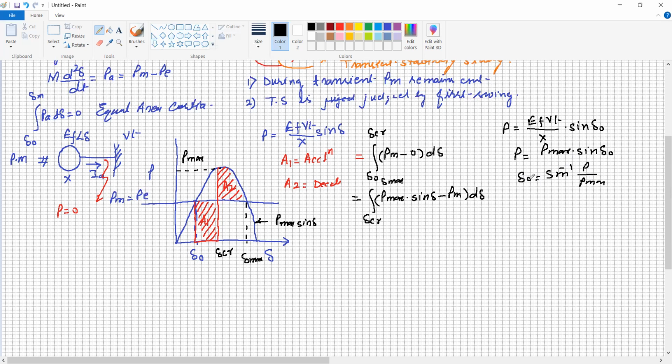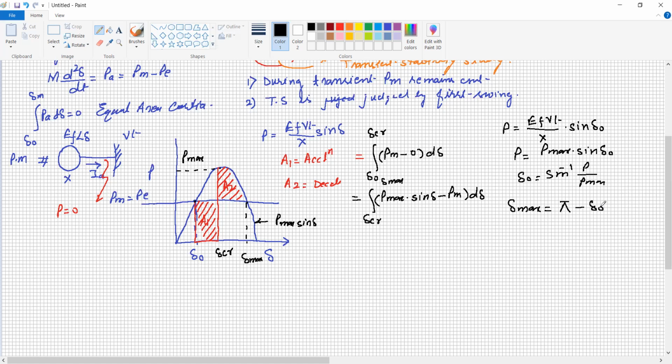Once we know the value of delta 0, delta maximum is equal to, this is delta maximum, this maximum angle. What is that? This is the intersection of the mechanical input line. This is the same because the curve is symmetrical, which is equal to pi minus delta 0.